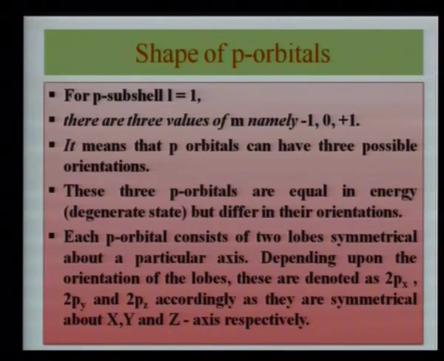These three p orbitals are equal in energy, meaning a degenerate state, but differ in their orientation. Each p orbital consists of two lobes symmetrical about a particular axis, depending upon the orientation of the lobes. These are denoted as 2px, 2py, 2pz, as they are symmetrical about the x, y and z axis respectively.